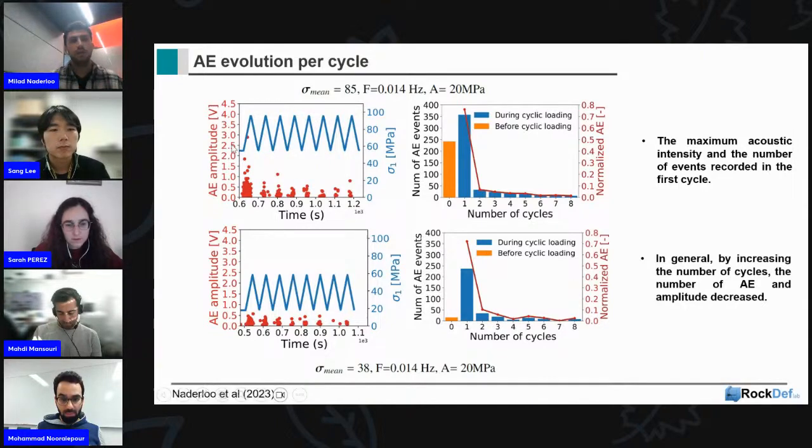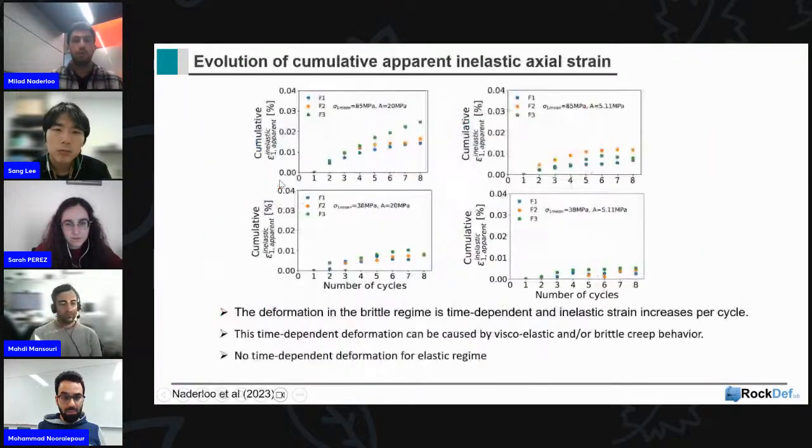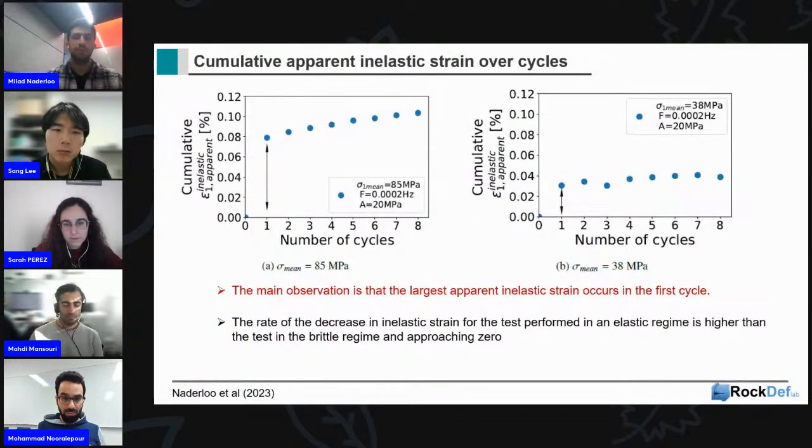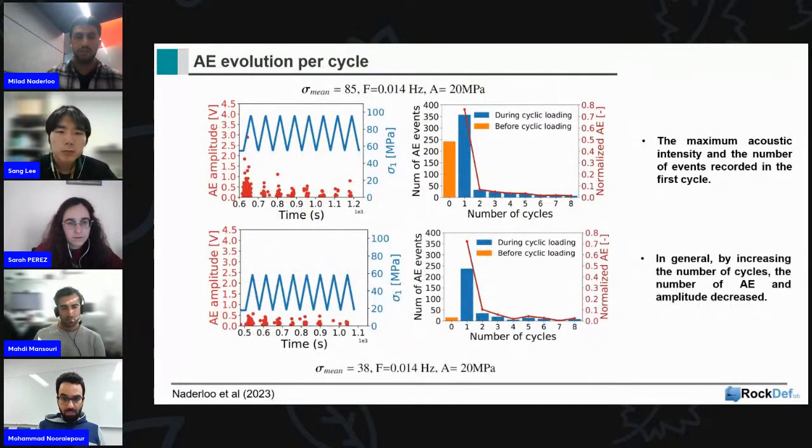We can see that with increasing number of cycles, the number of events is dropping. Another thing is that all the big dots with higher amplitude happen in the first cycle, which correlates with what I showed you, the first main inelastic deformation happening in the first cycle. So they correlate nicely.